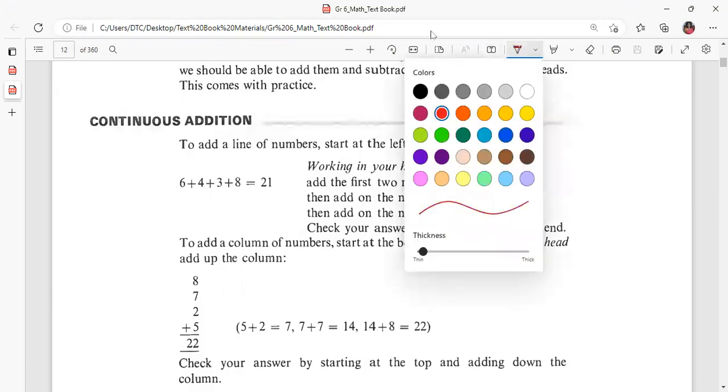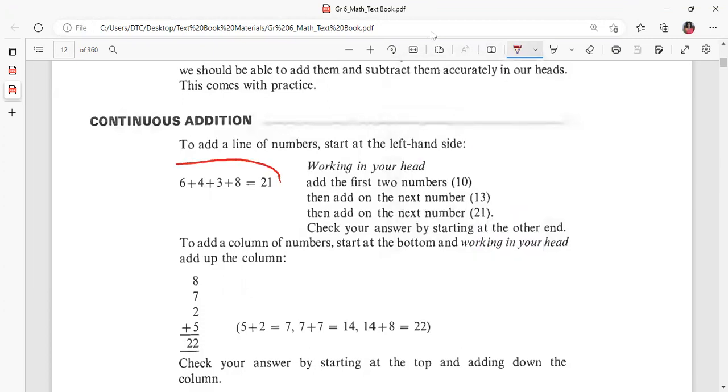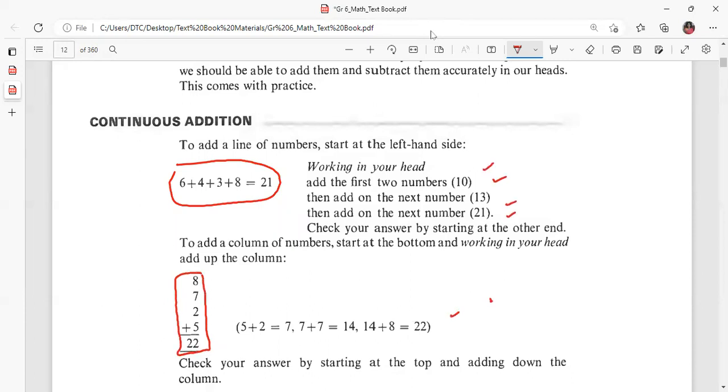You see, this is the first example they have given, and this is the second example. And you can see the instruction. You have a long weekend just before the exam. By any chance, if you miss anything, please go through your textbook like this. You can see the examples.